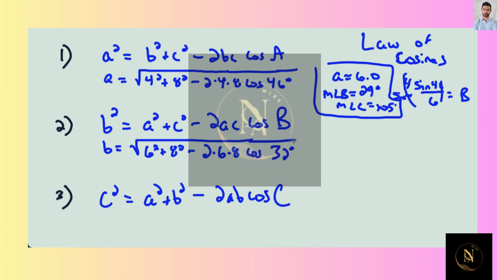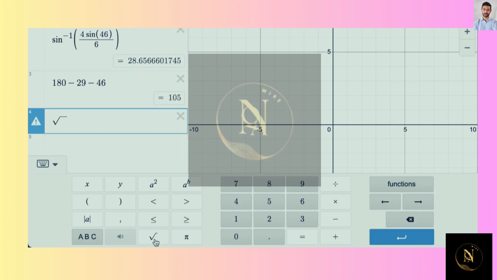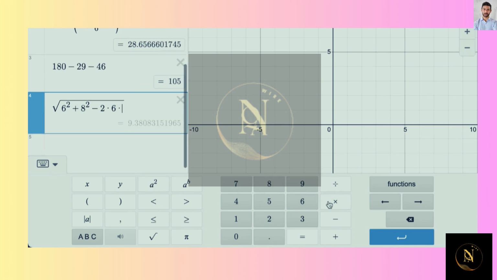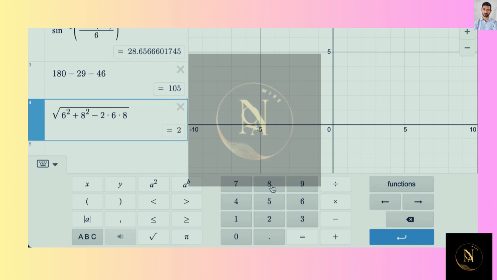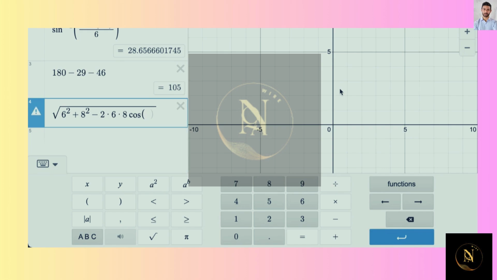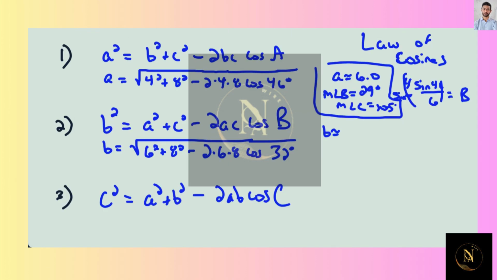So B would be approximately 6 squared plus 8 squared minus 2 times 6 times 8 times the cosine of 32, which is 4.3 to the nearest tenth.